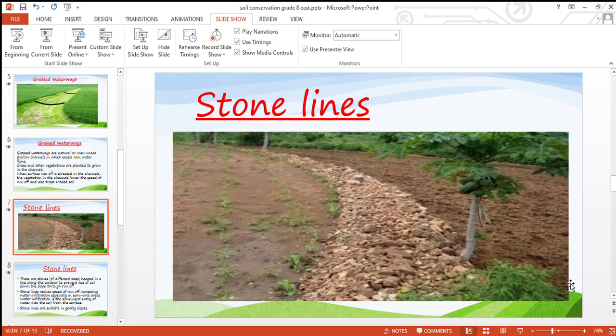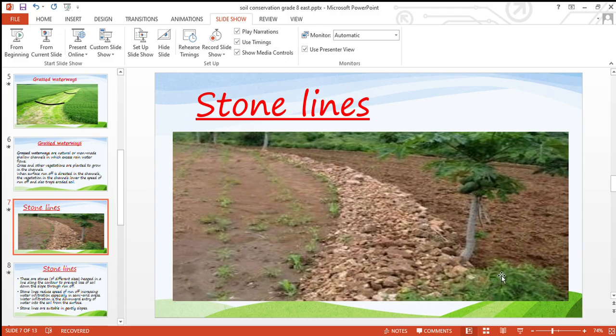Okay, another reason why a farmer may decide to use a stone line could be that the place is hilly or mountainous, or a place where we have a lot of rocks. So a farmer decides that I'm going to use stones because they are readily available, and the farmer creates a stone line to protect the soil against erosion.